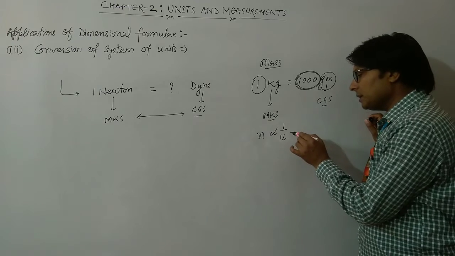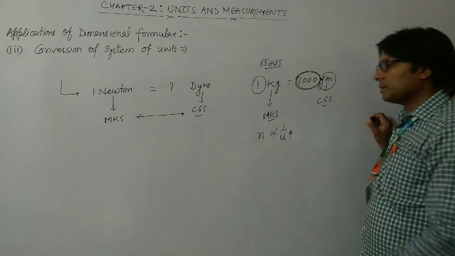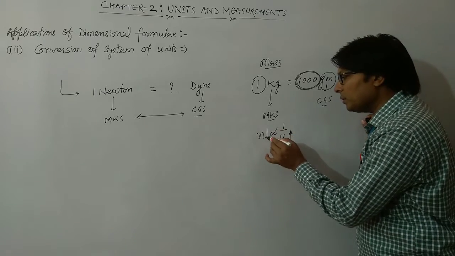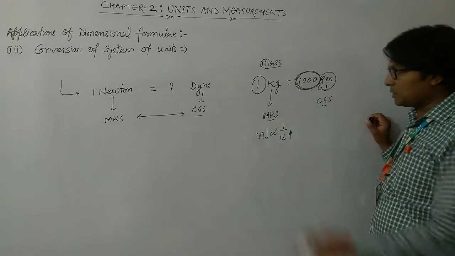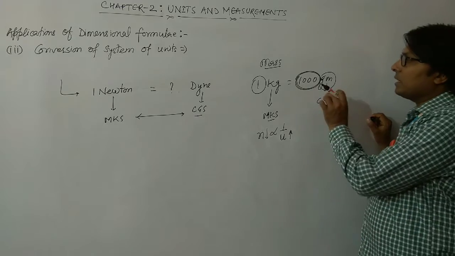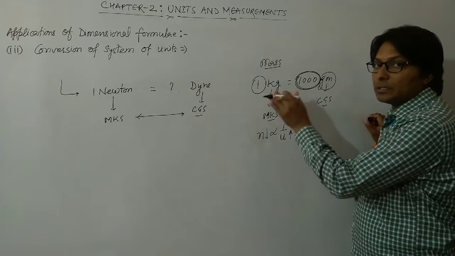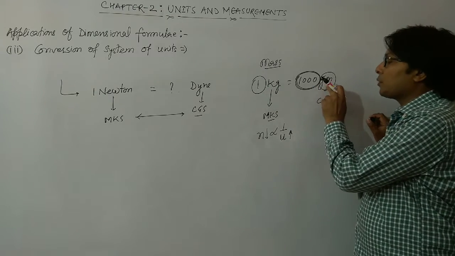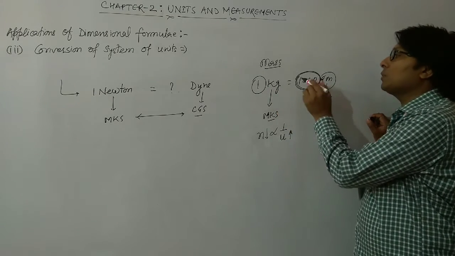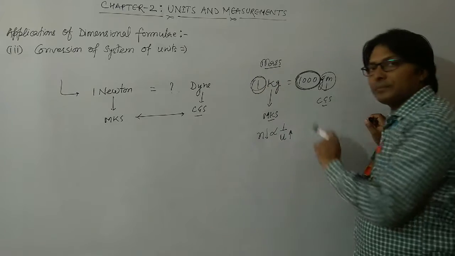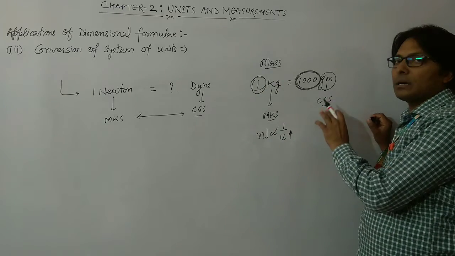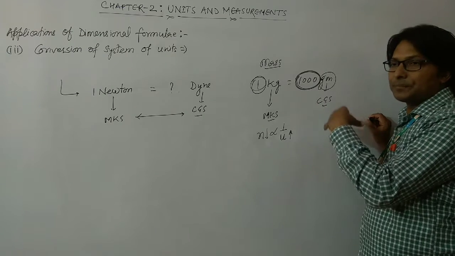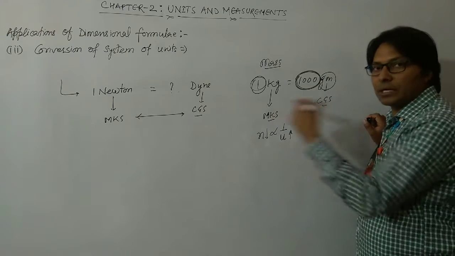As we move on to a bigger unit, the numerical value decreases. As we move from gram to kg, 1000 becomes 1, or 1000 milligram becomes 1 gram.